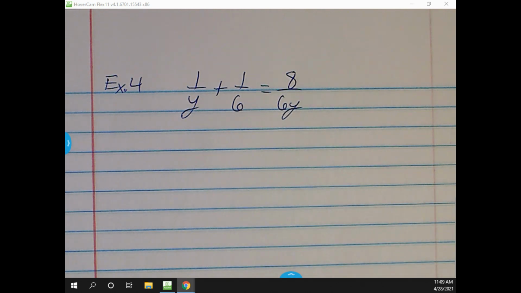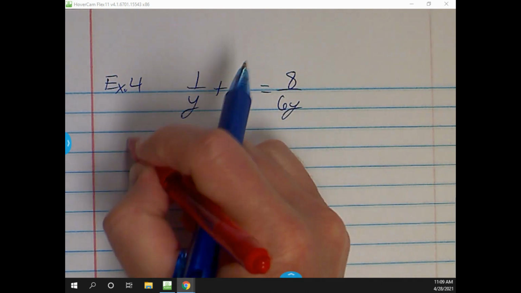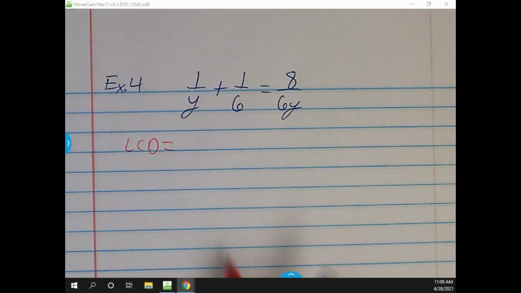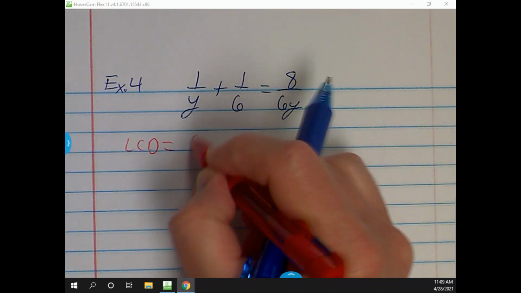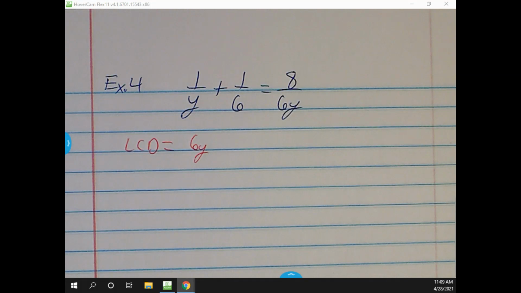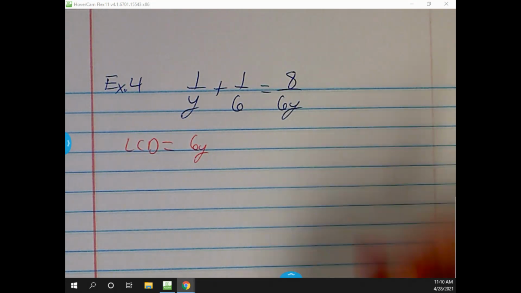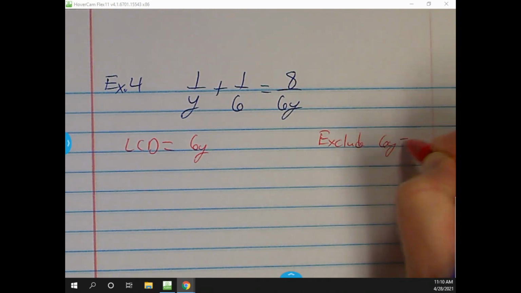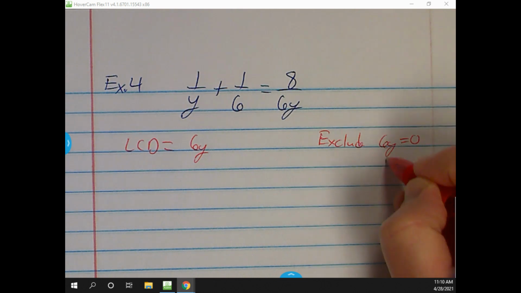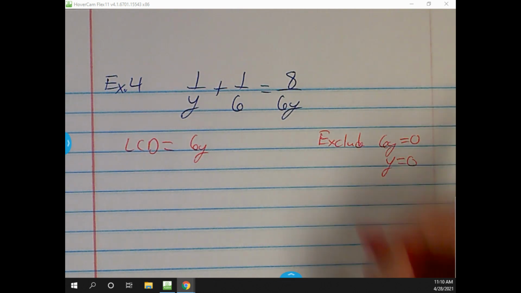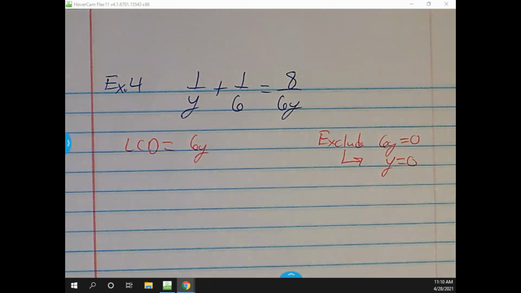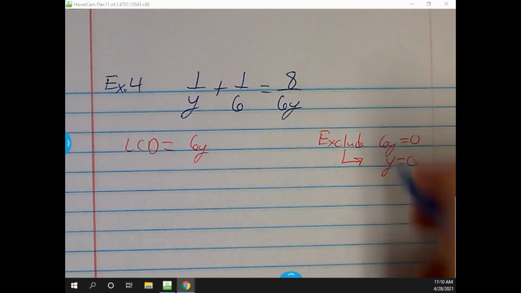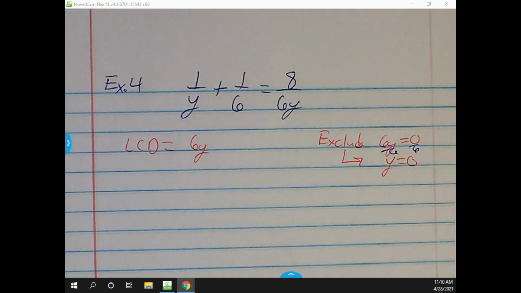So for that one, your least common denominator, well, all you have are y's and 6's, so your least common denominator would just be 6y, because that's all that's there. When you go to exclude, 6y equal to 0, that's just y equals 0, because if you divide by 6, that doesn't do anything, and 0 divided by 6 is still just 0.